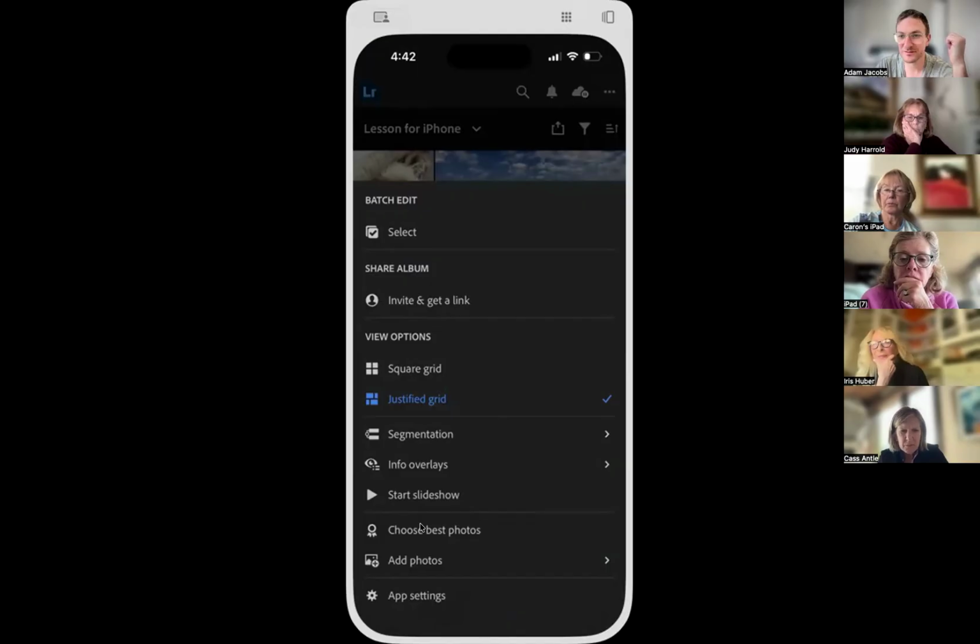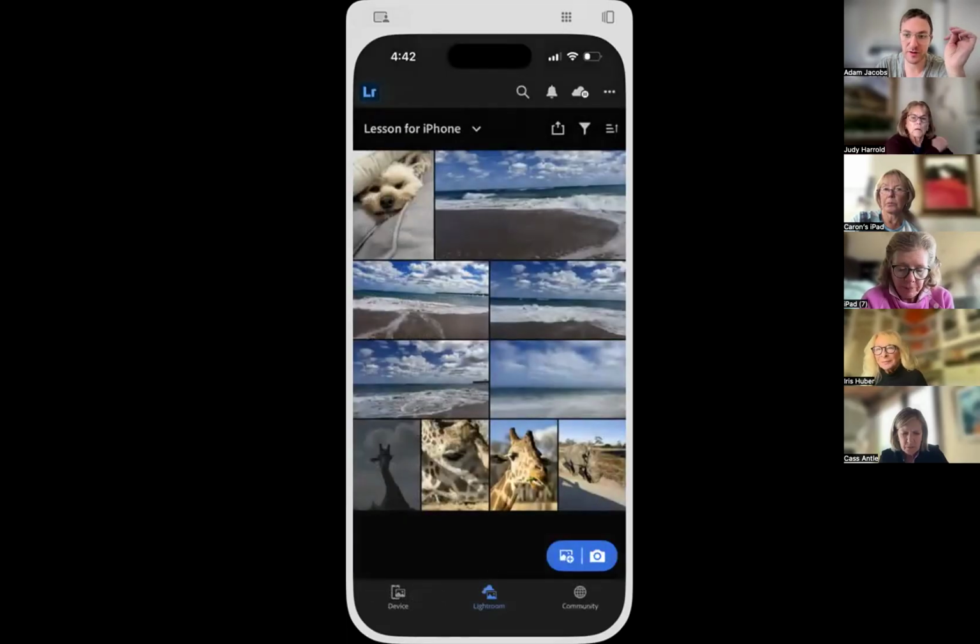Where it's really good is if you go to a party or you're photographing for events, it will get rid of the pictures with everyone's eyes closed. It's called auto culling. It's also in the main Lightroom on the computer.